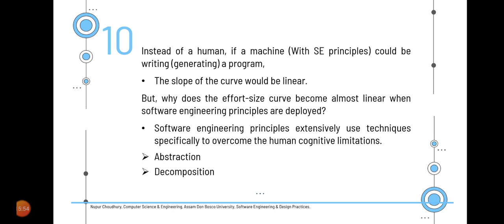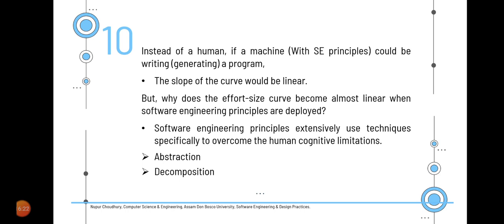These two techniques, abstraction and decomposition, are put to use so that the curve gets linear, so that it overcomes the issues related to your human cognitive systems. These two major techniques are used to overcome the cognitive limitation of 7, the number 7.